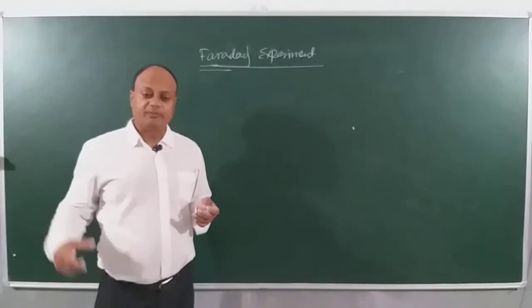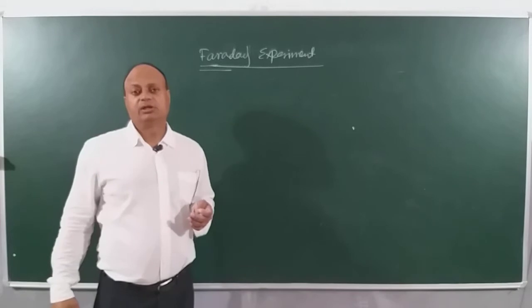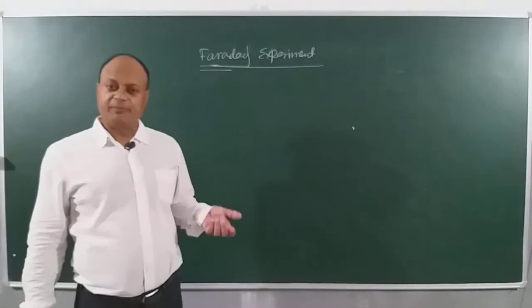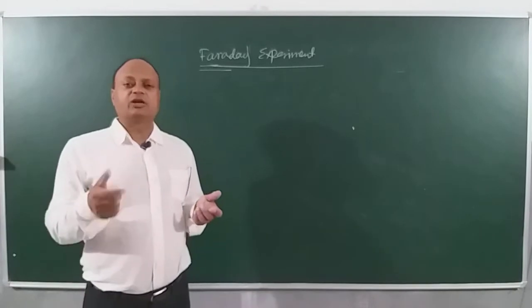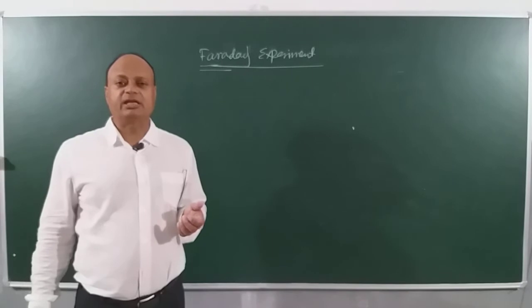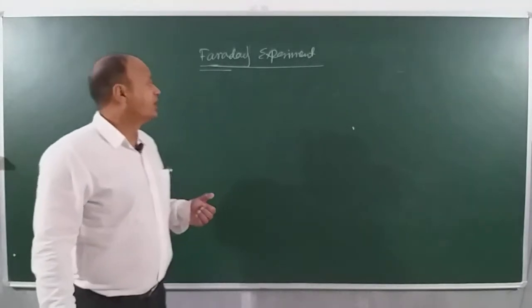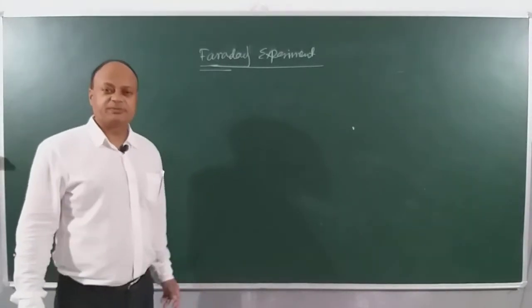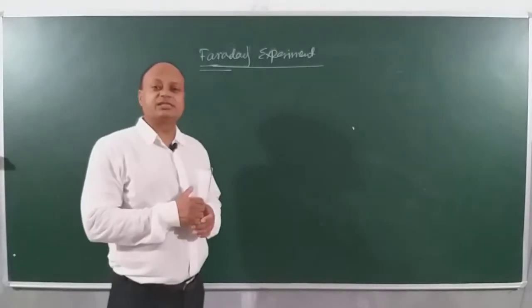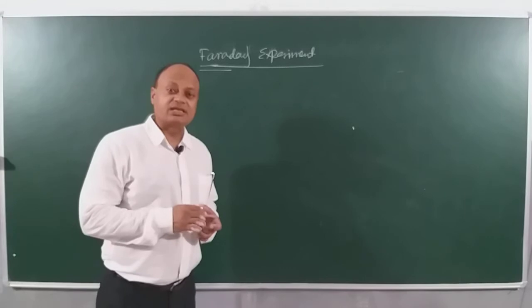Meaning, if a magnet is moved, will a coil placed nearby develop a current, which is the opposite of the force acting on a current carrying conductor in a magnetic field, right? And for this, Michael Faraday carried out a very simple and very interesting experiment, which laid down the foundation of generating electricity on a commercial scale, right?